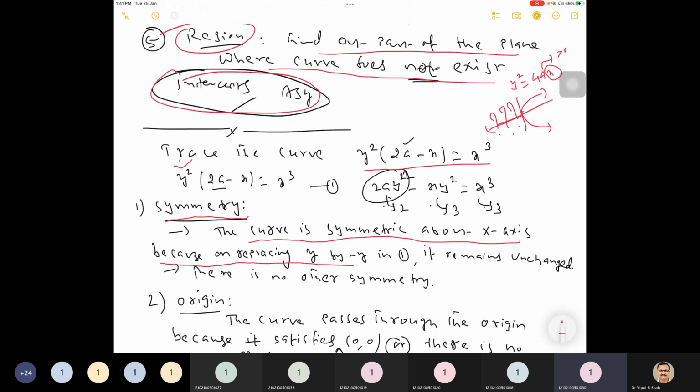Because on replacing y by minus y in equation 1, it remains unchanged. You can also write because there is even power of y in the equation. That also enough. And there is no other symmetry. Okay, only the curve is symmetric about x-axis.